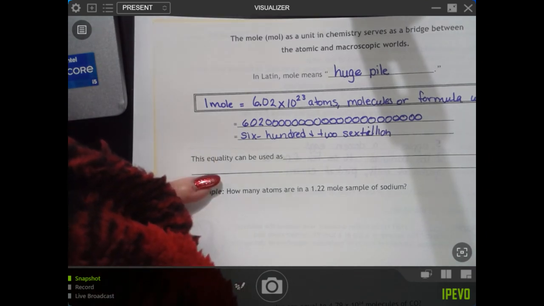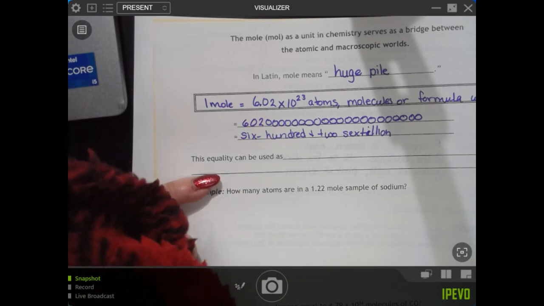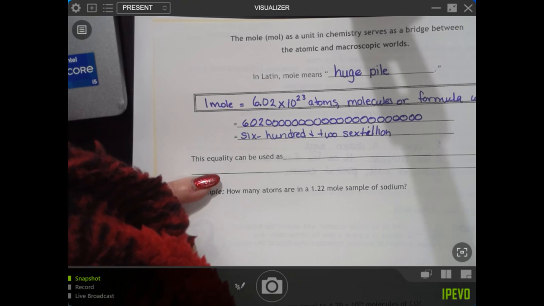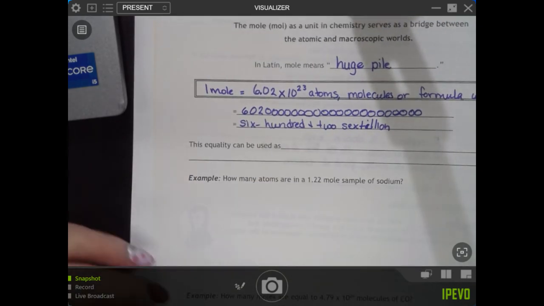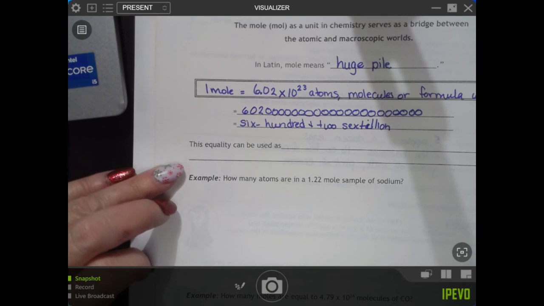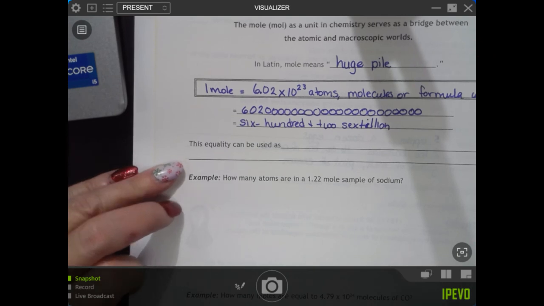There's a TED-Ed, and I will try to remember to play this in class, that talks about how big a mole is. But here's what we will use it for. It's an equality, like when we're doing dimensional analysis.